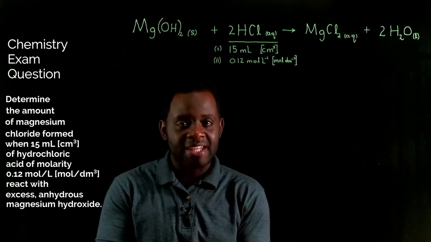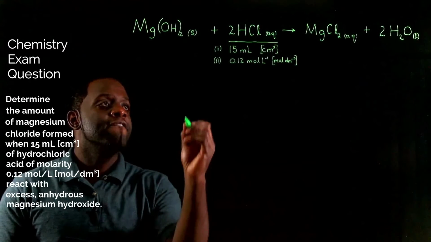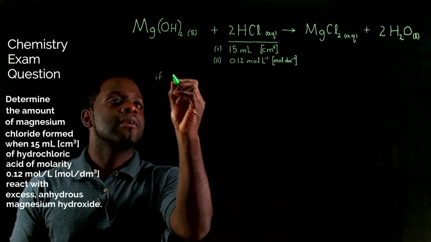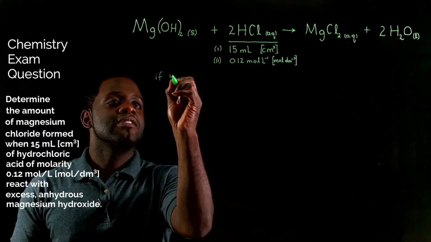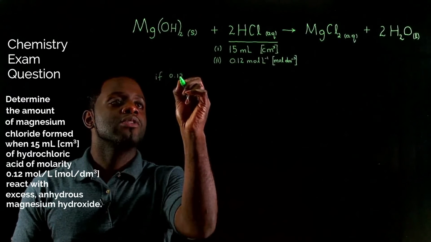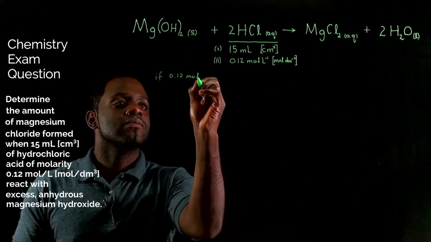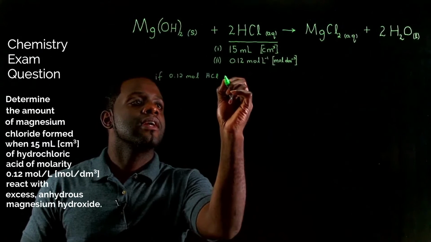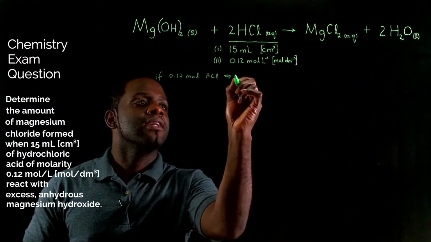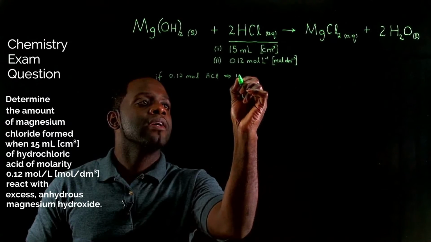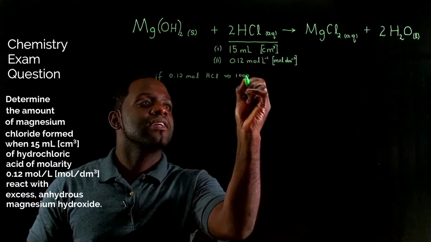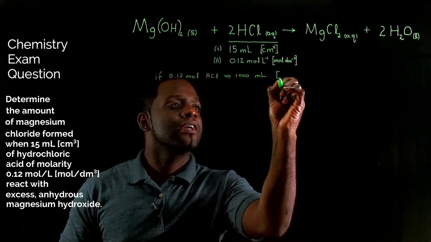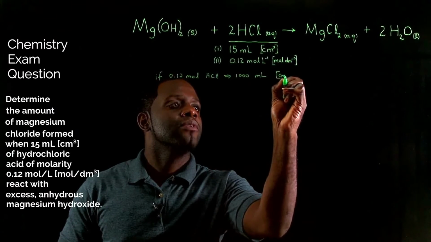So what does that mean? We can write two very simple statements. If there are 0.12 moles of hydrochloric acid in 1000 milliliters, or if you prefer, cm cube.